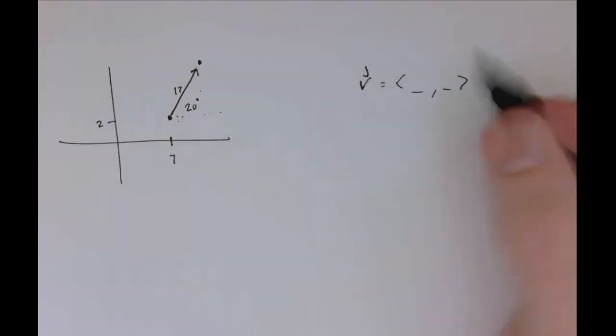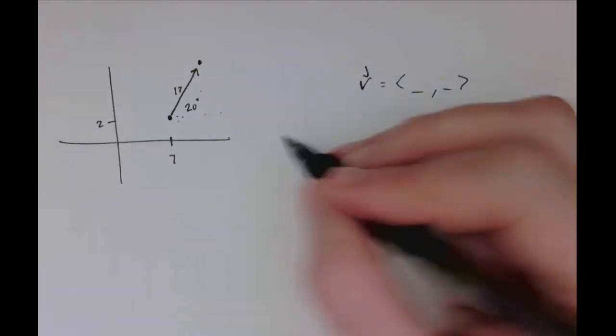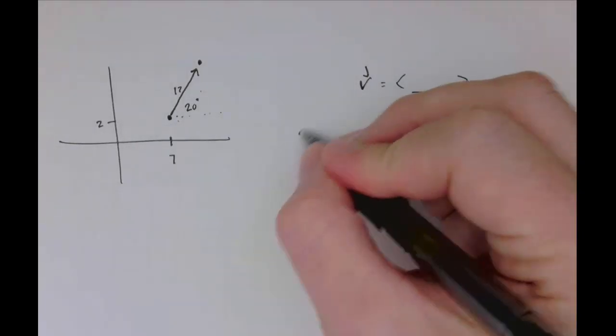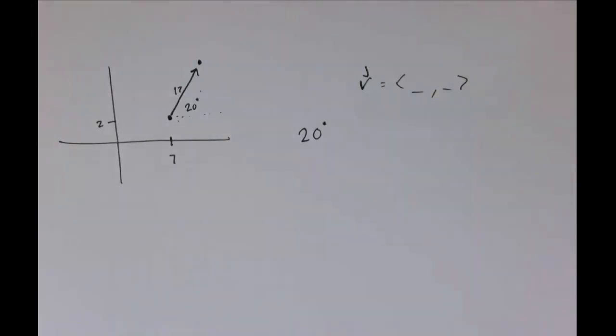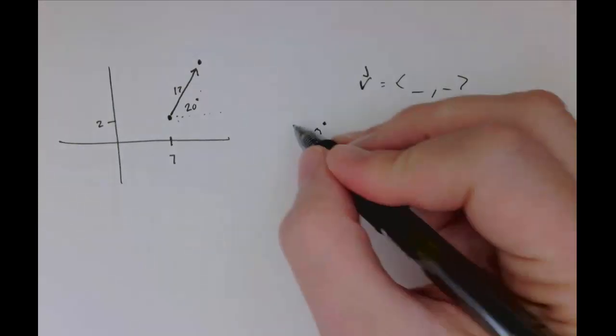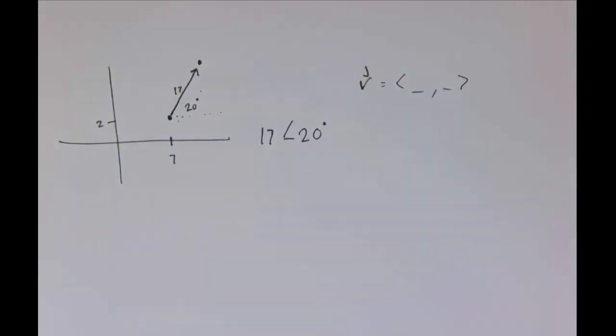But my point is, you don't have to write the motion down in terms of the x and y components. Instead, there's another way of writing it down. You can say we turned through an angle of 20 degrees and went a distance of 17 units. This is a notation that we're going to use in our class.